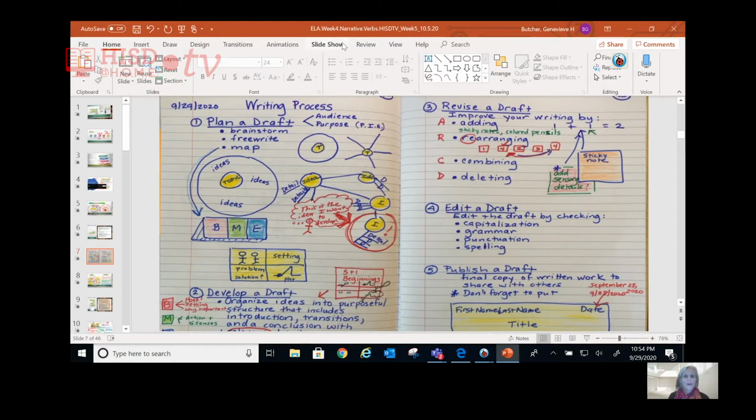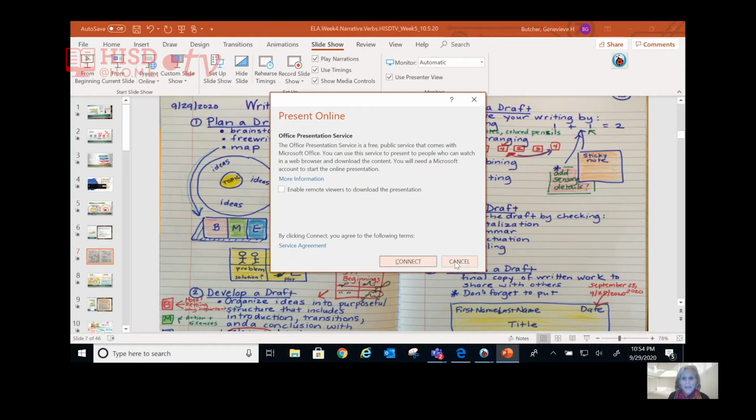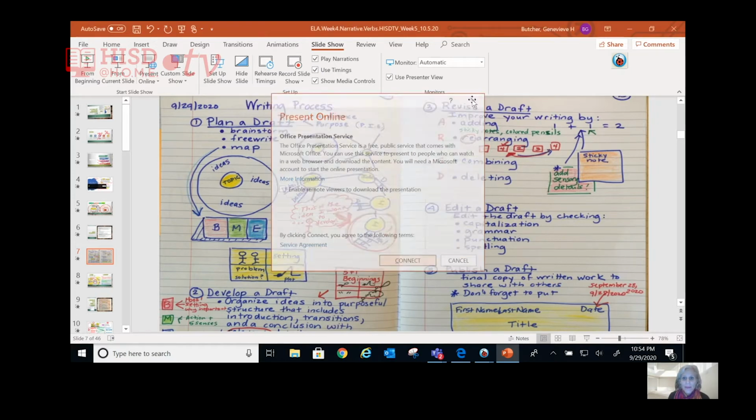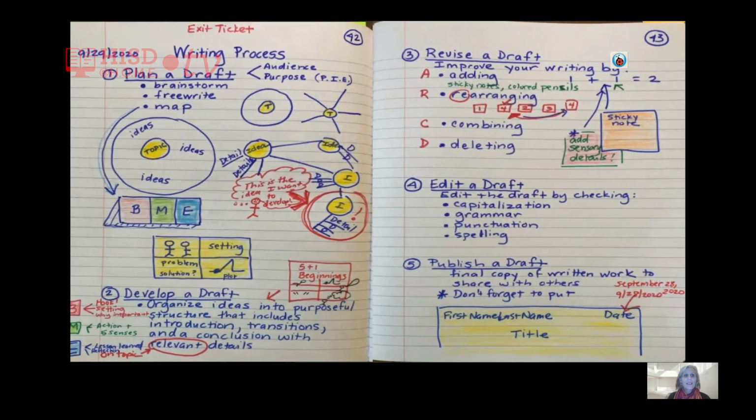Now, for the writing process, what I wanted to show you was I had my students write this out because I think it's so important to see the steps. Step 1, plan a draft. Step 2, go down here, develop a draft.